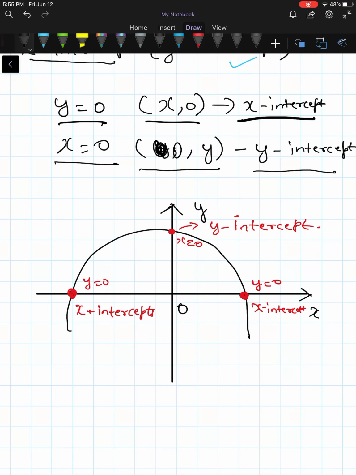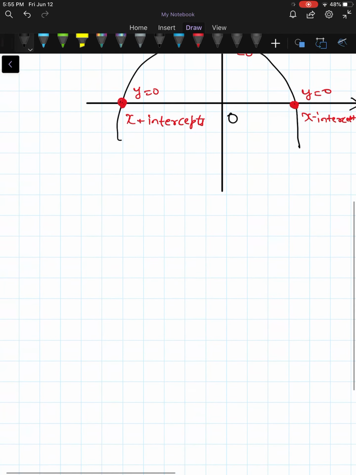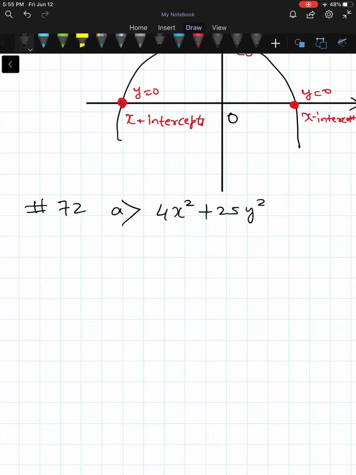So let us find out, given an equation, how to find the x-intercept or y-intercept. This is number 72 in your book. Consider this equation: 4x square plus 25y square is equal to 100. I should find both the x-intercept and y-intercept. To find the x-intercept, you substitute y is equal to 0 in the given equation.